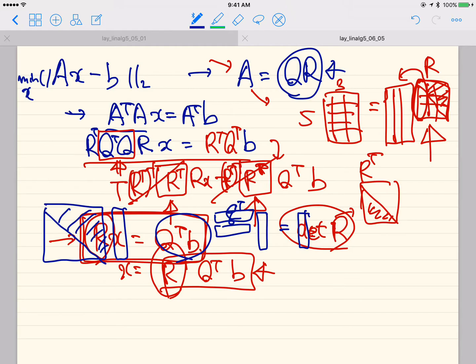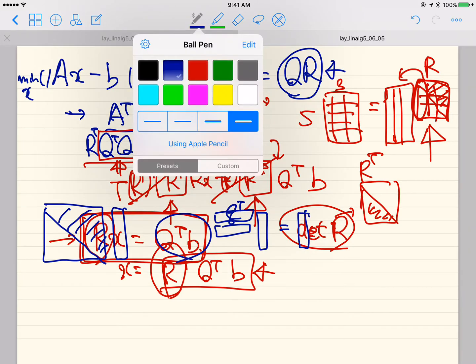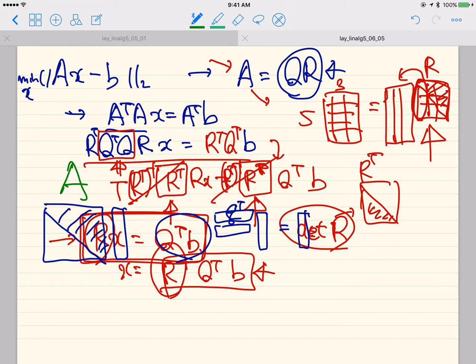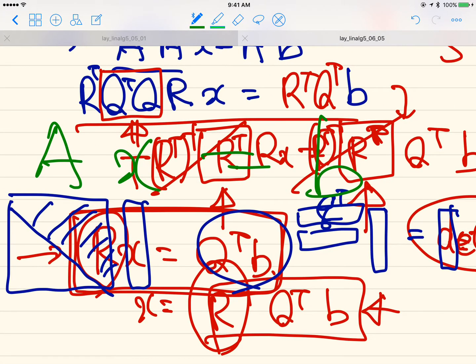So it's our new equation of Ax equals b, and in this case our matrix is an upper triangular matrix.